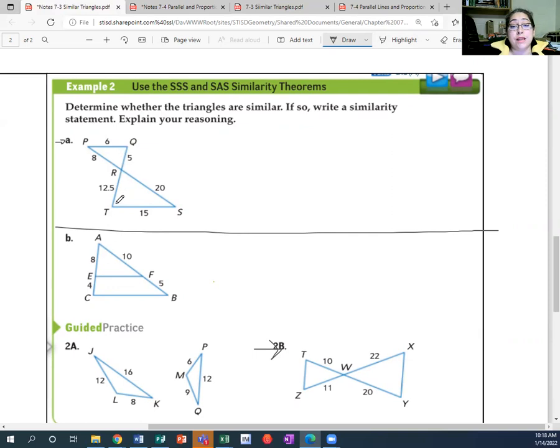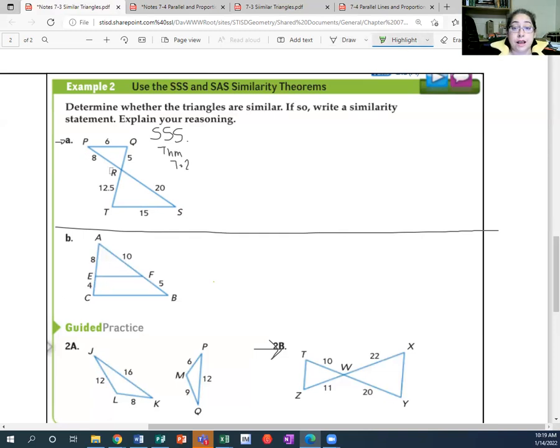I have all three side measures, so I'm going to see if I can use side similarity to show that these triangles are similar. So I'm going to try to use theorem 7.2. All right, theorem 7.2 asks me to find that all the sides are proportional to each other.